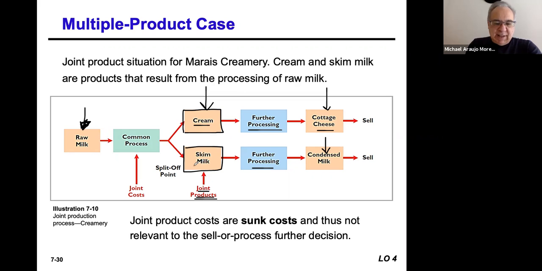Do we sell as skim milk or do we process it further into condensed milk? All right, so that's how we're going to be looking at it. Basically, all of the common processes to process the raw milk into cream and skim milk are simply sunk costs. They're not relevant in our decision to process these products any further. So that's what that's saying here.